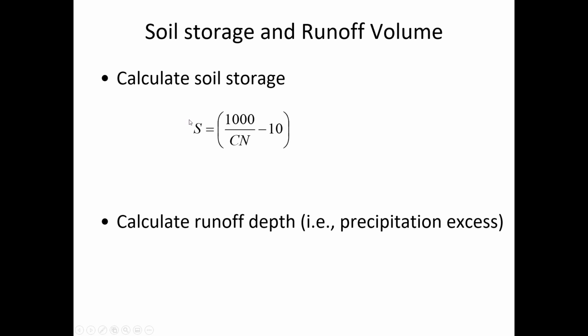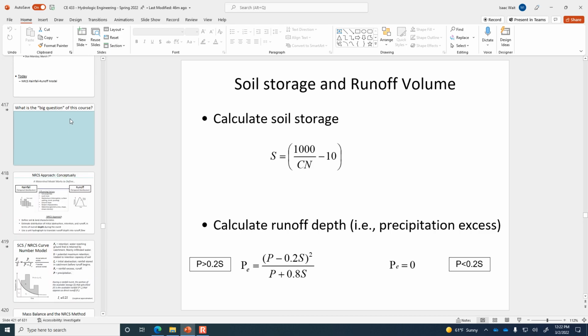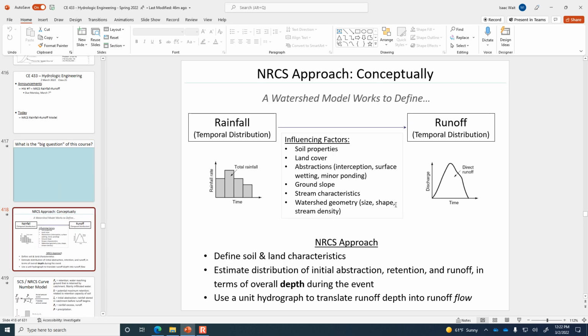Now, S, storage. Initial abstraction, remember, according to the NRCS method, is 20% of the storage. And they say that there's something called a curve number. CN stands for curve number. And we'll look at a table of curve number values, and you'll see how the curve numbers themselves address these factors: soil properties, land cover, ground slope, stream characteristics.